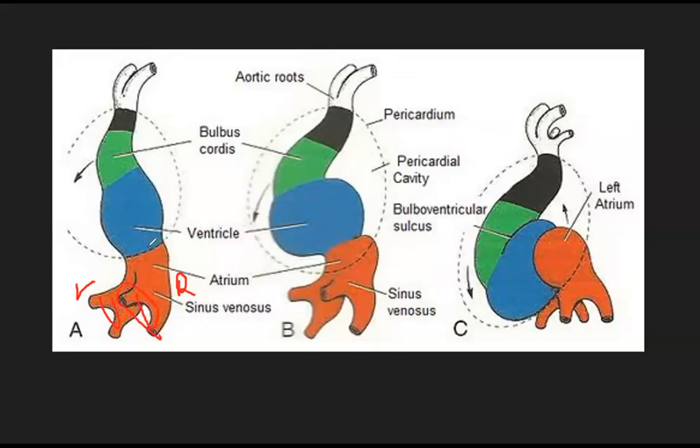And this portion over here is the atrium. Okay, the atrium. And this is the ventricle. And this is called the bulbus cordis. Okay, and this area over here is the truncus arteriosus. Truncus arteriosus. Not labeled, but I'm labeling it for you.